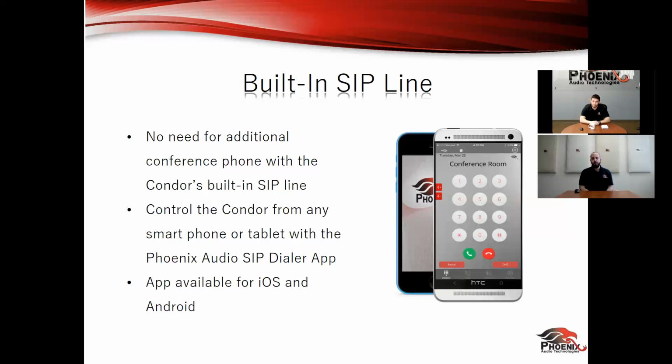If you'd like everybody to be able to walk into a conference room and access the Condor from their own personal phone, which has its own advantages, because then you can also link it up with your own phone book and stuff of that sort, that's an option we provide as well. Or if you want just a dedicated tablet in the room to do dialing, that's also something we've seen many users do.